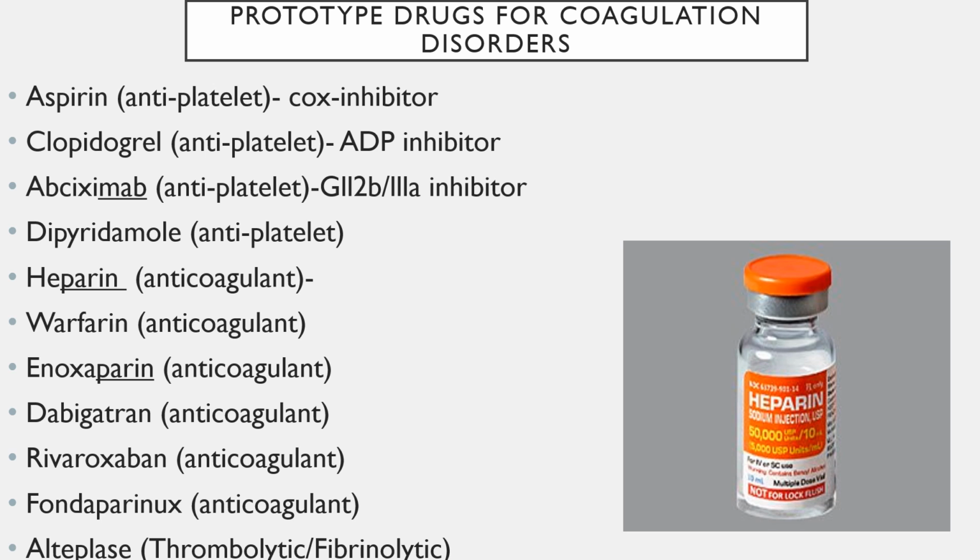If someone has a stroke, an ischemic stroke, they have a fibrin clot in their cerebral artery. And we can use one of these drugs in this group, alteplase, on an emergency basis to try and break up the fibrin clot that's causing all the problems. Okay, so we'll talk about these drugs.